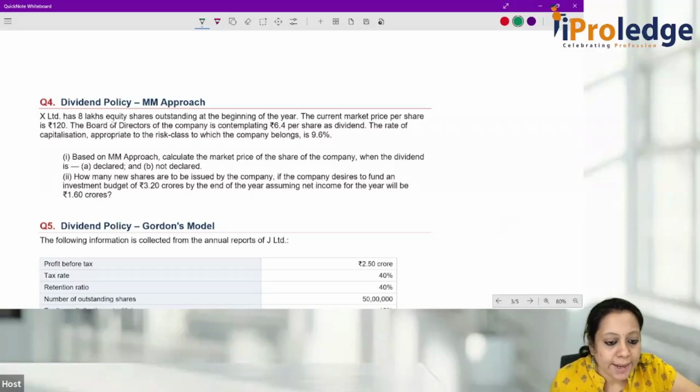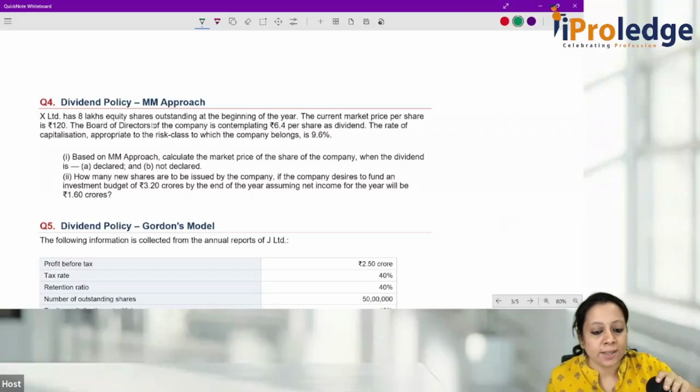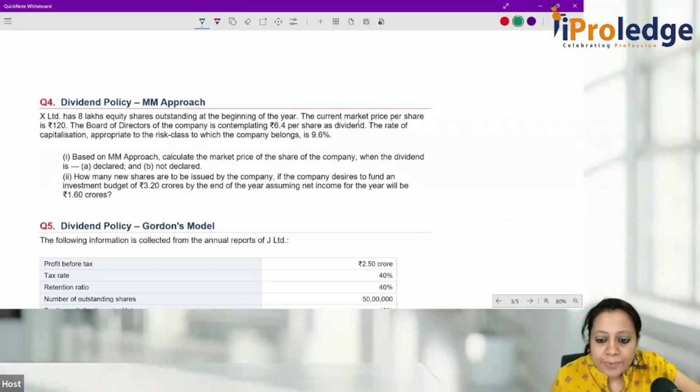X Limited has 8 lakh equity shares outstanding at the beginning of the year. And the current market price per share is rupees 120. That means, can I say P0 is equal to 120? Very nice. So P0 means the price of the share right now. The board of directors is contemplating 6.4 per share as dividend.